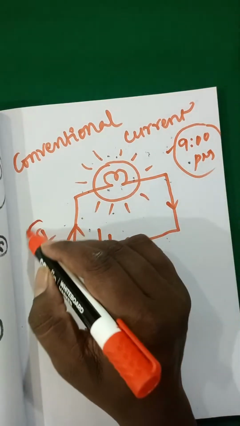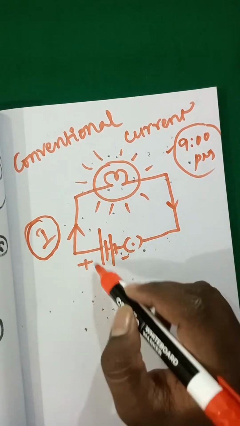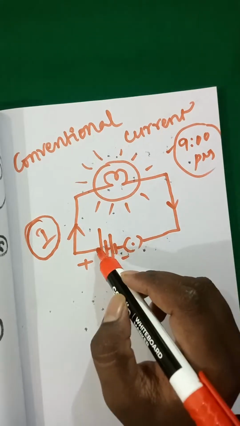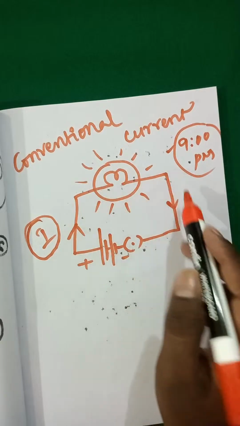Here you can observe this is the current direction. You can observe this is the positive sign, this is the negative sign. The current is flowing like this, the flow of positive charges.